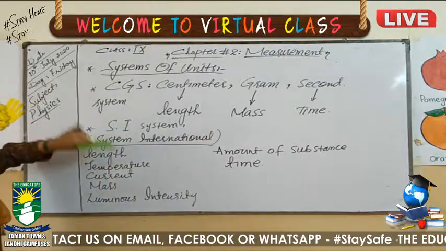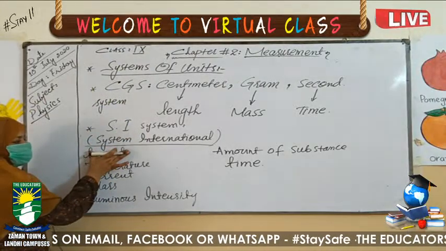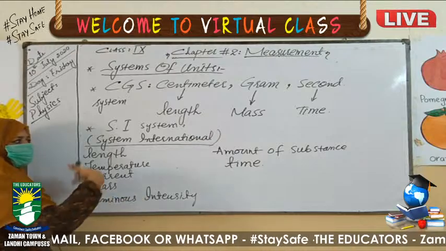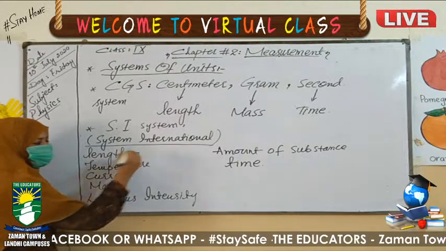According to System International, there are 7 quantities, and what are the units to measure these quantities?